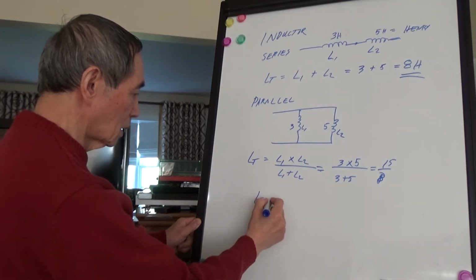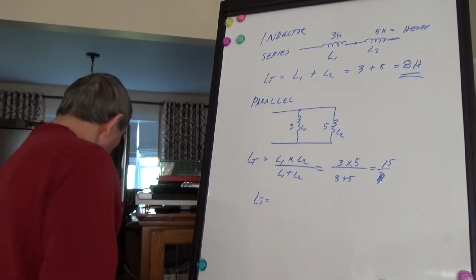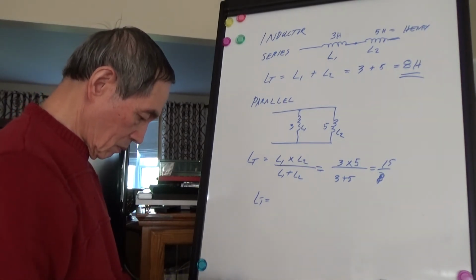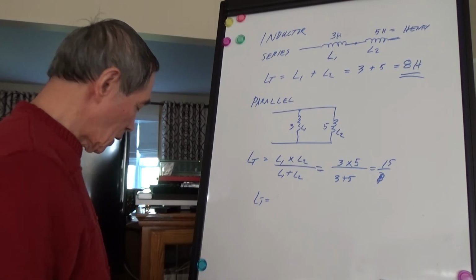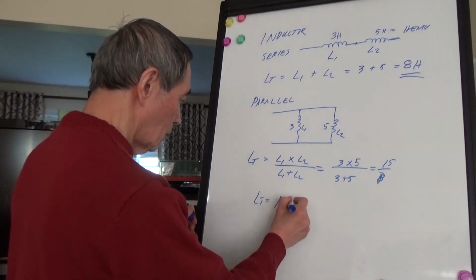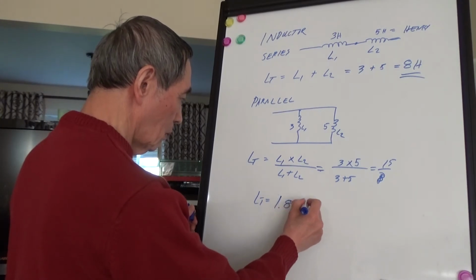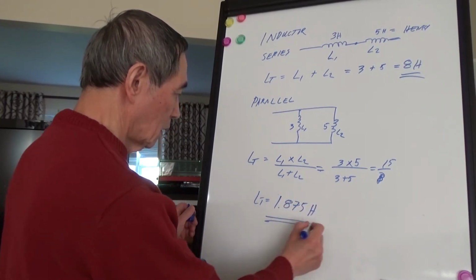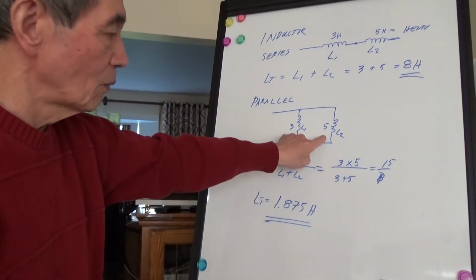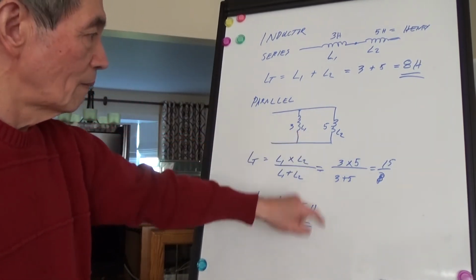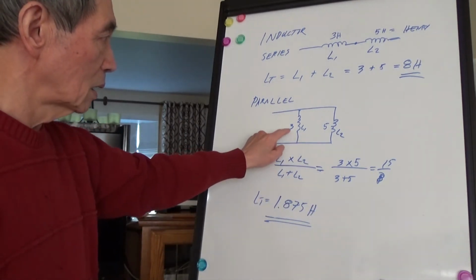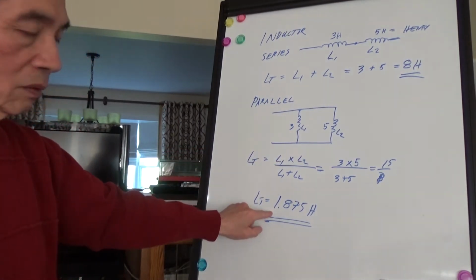So the total inductance would be 1.875 Henrys. Again, same as the resistor, if two inductances are in parallel, the result will be smaller than the smaller value, which is great.